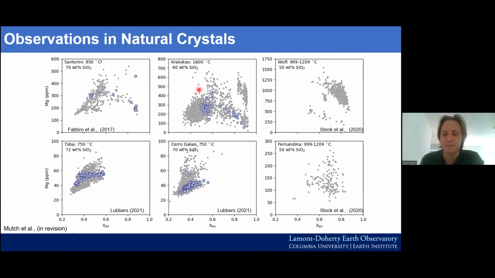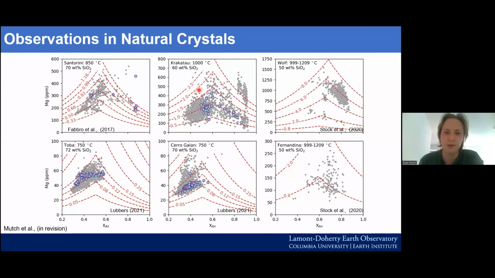And so if we add some model curves to this data, all these curves are calculated using slightly different magnesium contents in the liquid, and we assumed a temperature and a silica content of the liquid. We can actually see that potentially some of these curves agree quite well with the data. It's not perfect because these curves assume there's equilibrium.